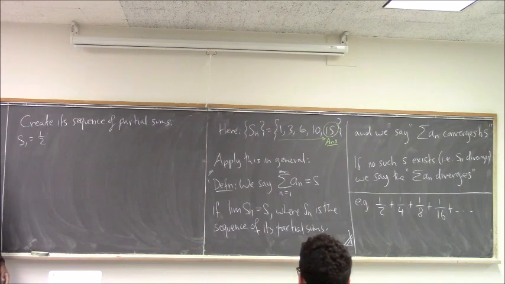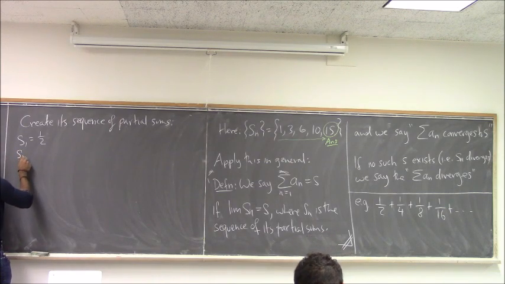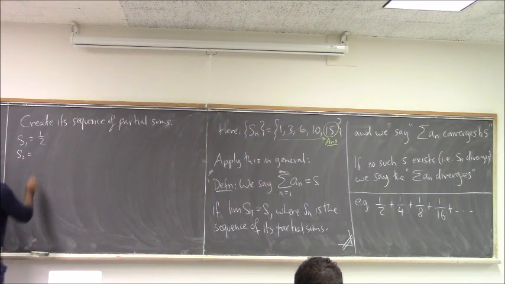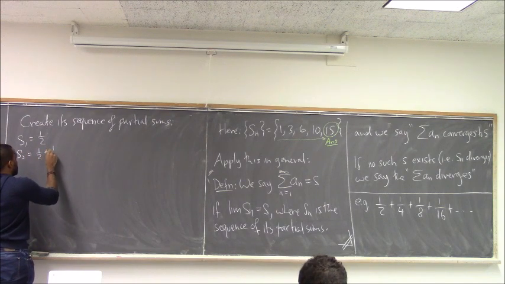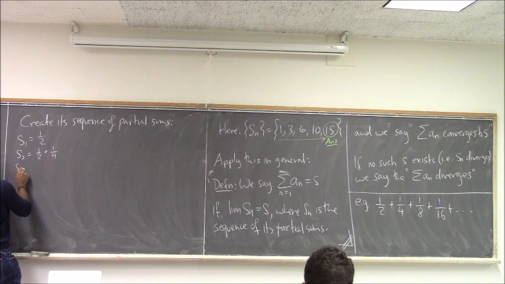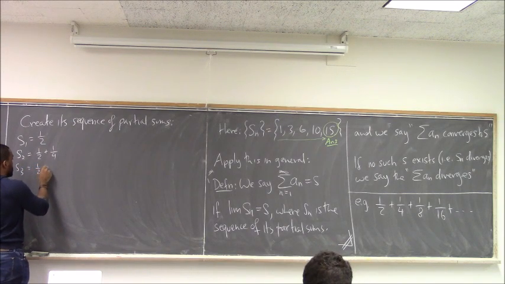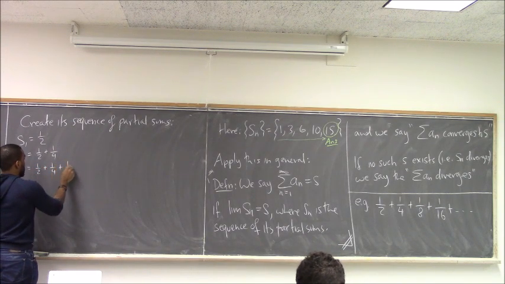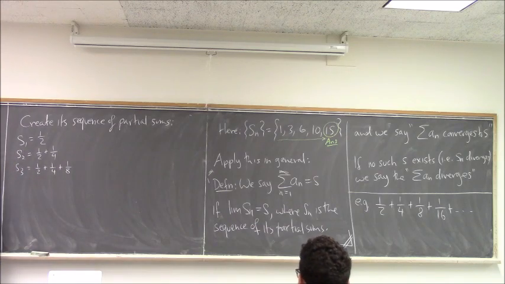That's the first partial sum. And you take the sum of the first two guys, so that's going to be a half plus a quarter. That's the second partial sum. Then three guys, we're going to have a half plus a quarter plus an eighth. That is the third partial sum.